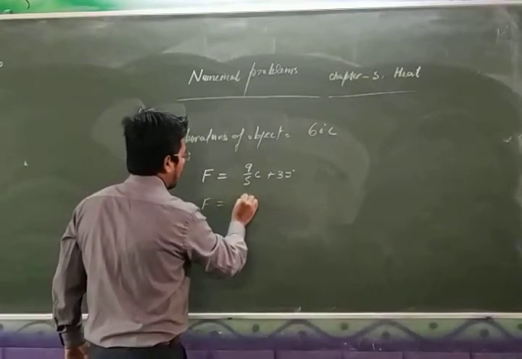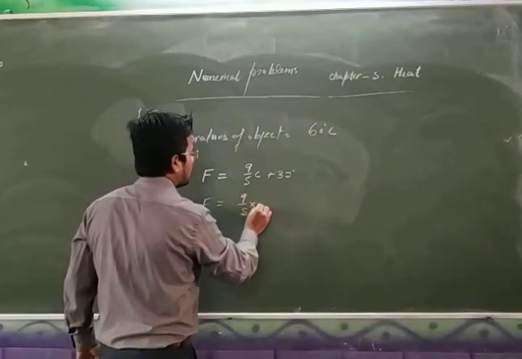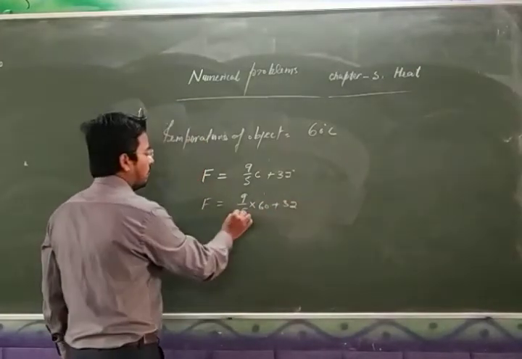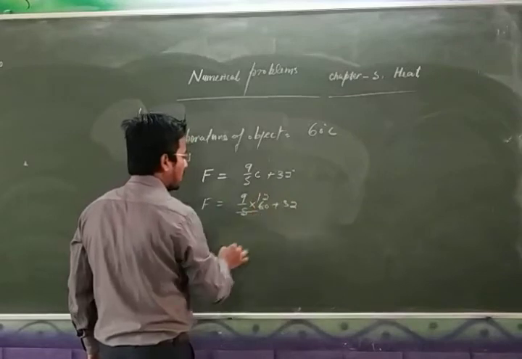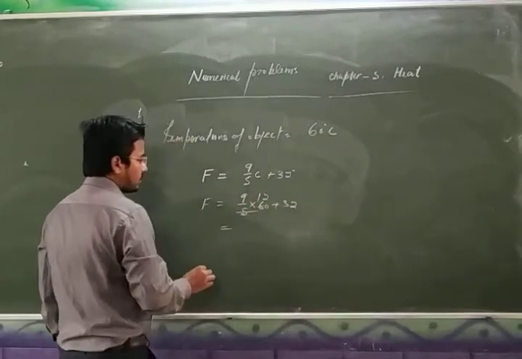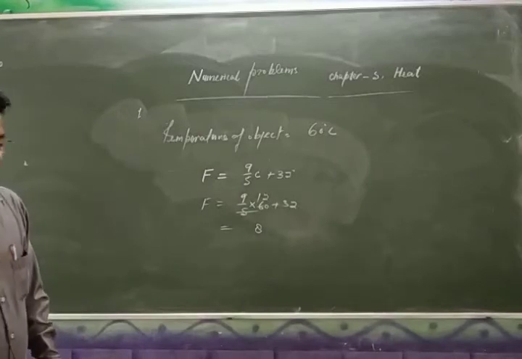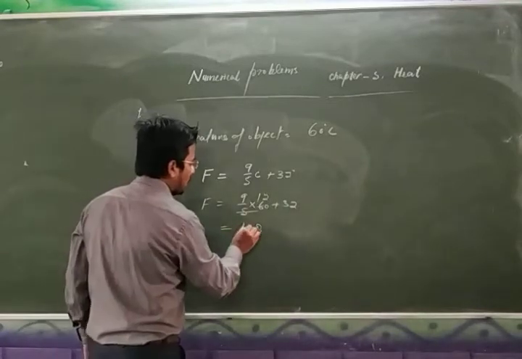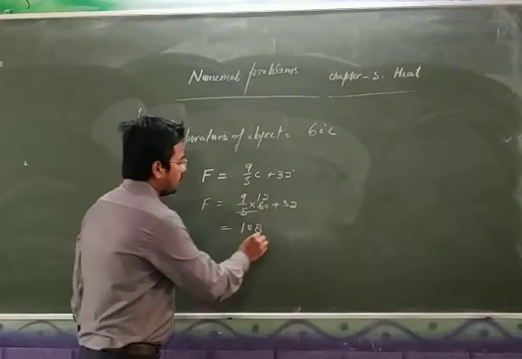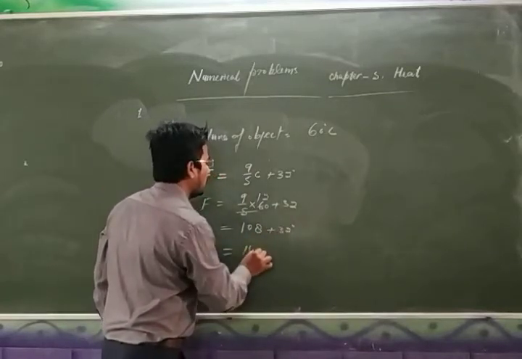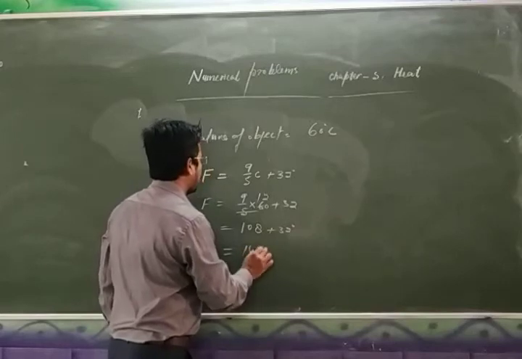F is equal to 9 by 5 into 60 plus 32. 5 ones are 5 and 5 twos are 10. Then after calculating we'll get 108 plus 32, that will be 140 degrees Fahrenheit.